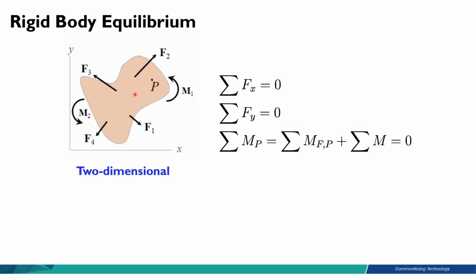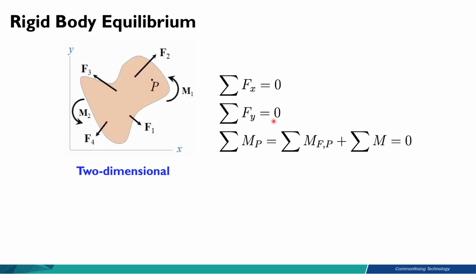So if we look at the two-dimensional planar problem that we are discussing in this chapter, then we can say that the sum of all forces in the x-axis is equal to 0, the sum of all forces in the y-axis is equal to 0, and also the sum of the moments about point P, for example, is also equal to 0. This is what you have learned in statics. That is why it is static, because everything is equal to 0.